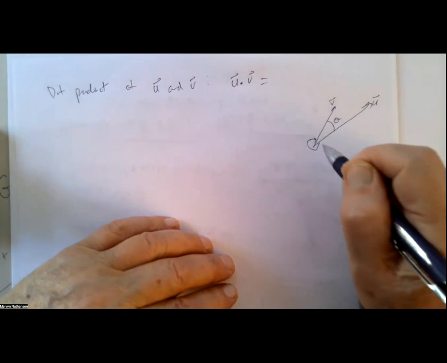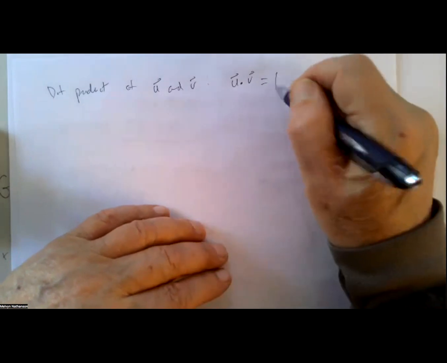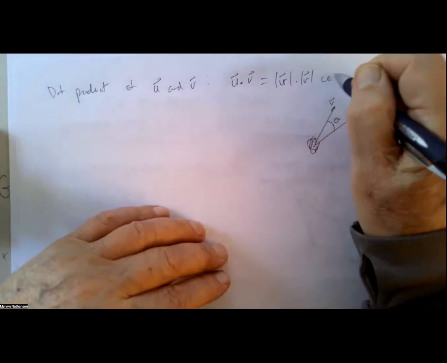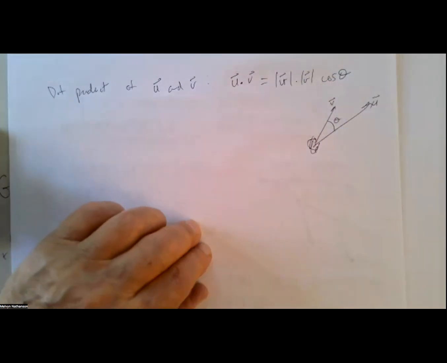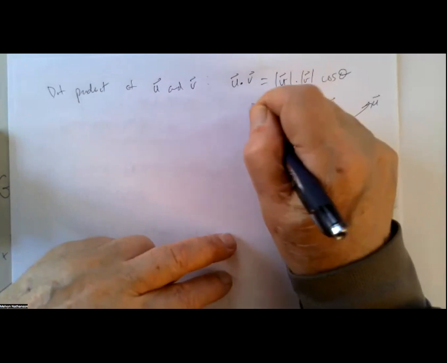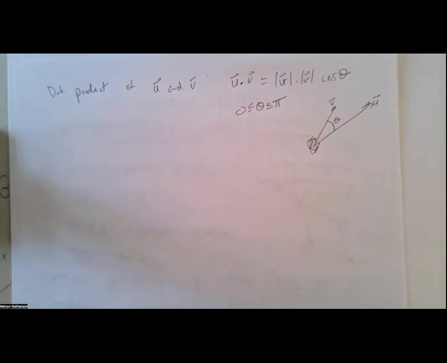I mean, you could take an angle like this, but you choose the angle between 0 and pi. And this is defined to be the length of U times the length of V times the cosine of the angle between the two vectors, where you choose theta between 0 and pi.